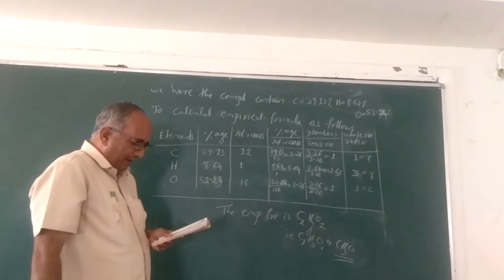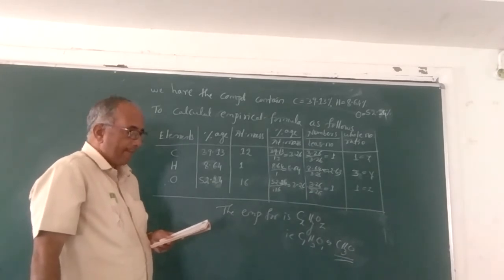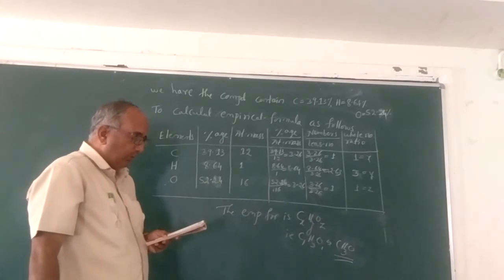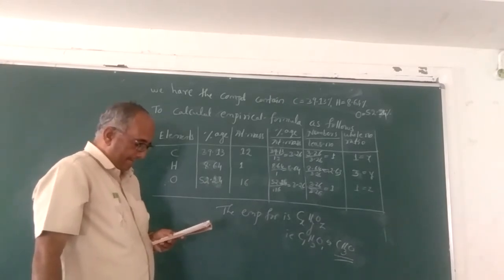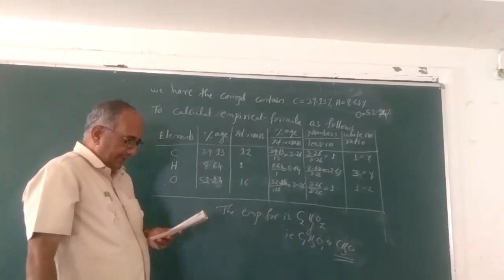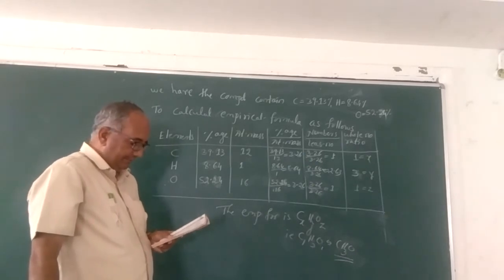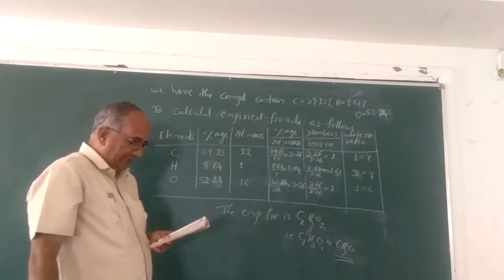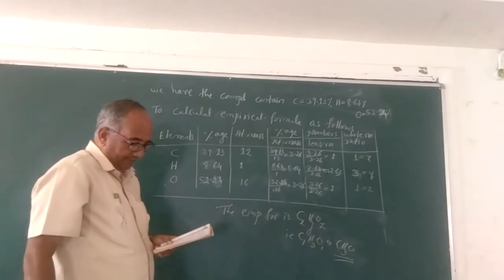An organic compound having carbon, hydrogen and chlorine contains 10% carbon, 0.84% hydrogen and rest is chlorine. What is the empirical formula of the compound?